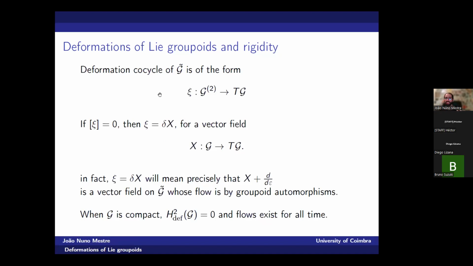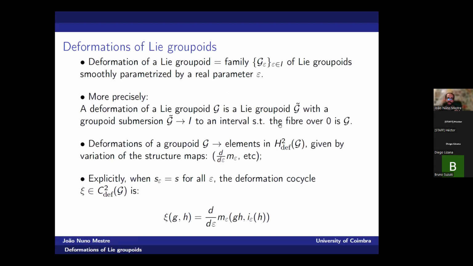But conversely, the one thing to check, first of all, is that this will actually define a cocycle, not just a cochain, and that will be a consequence of associativity. The cohomology is built in such a way that these will be a cocycle because each of the m epsilons is associative.